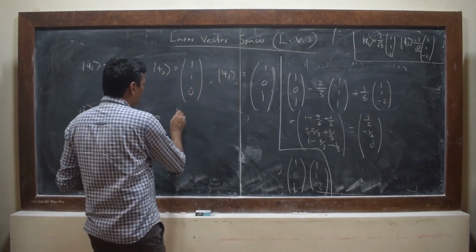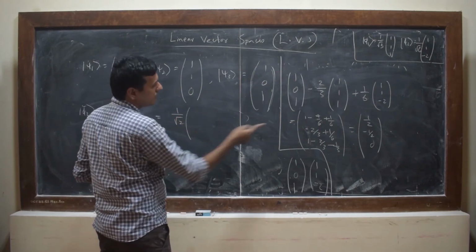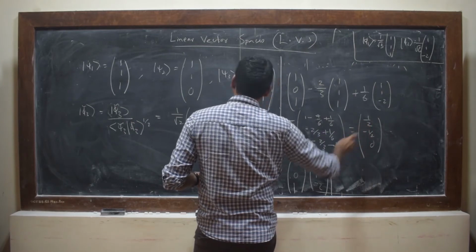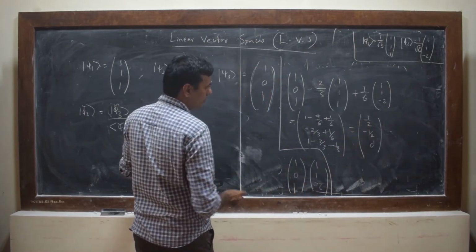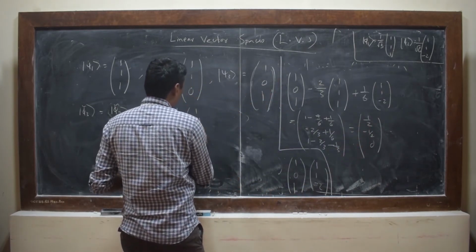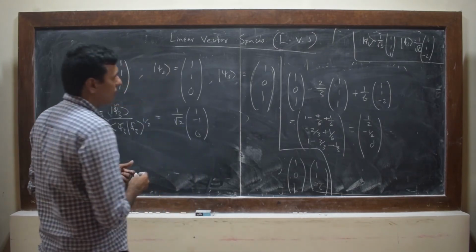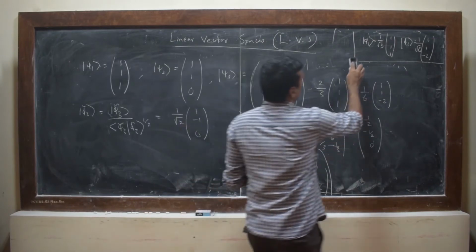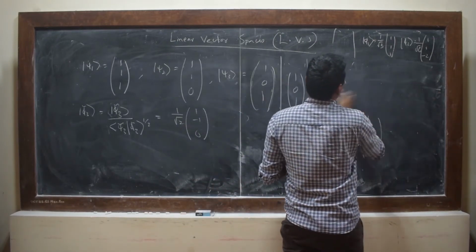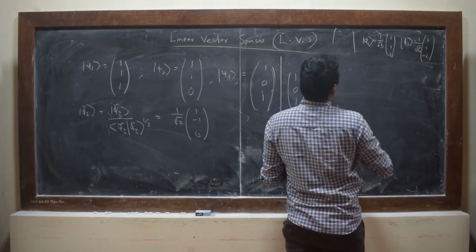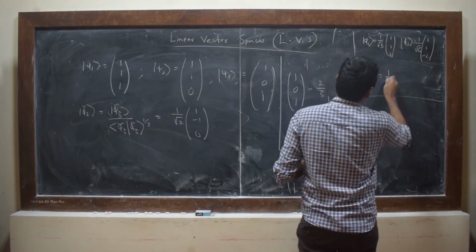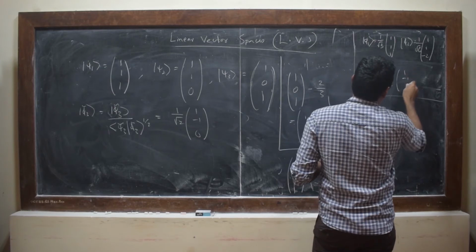So, you will get 1 by root 2, since 1 square plus 1 square will be 2, and the square root of that is square root of 2, into (1, minus 1, 0). So, that is your phi 3. So, you have all these vectors. Here you have your phi 3, which is equal to 1 by root 2 into (1, minus 1, 0).